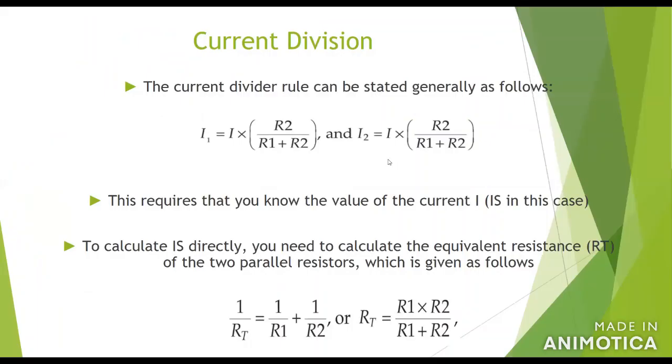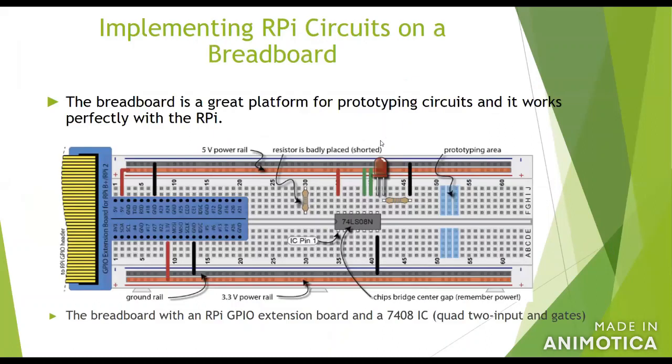Okay, so this is called current division, and usually, if you want to make a prototype for your circuit, we use a breadboard. Okay, so this is a picture of a breadboard, and I can show you what a breadboard is.